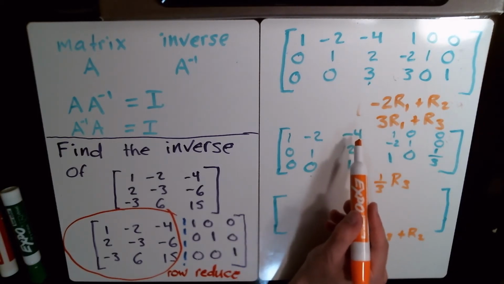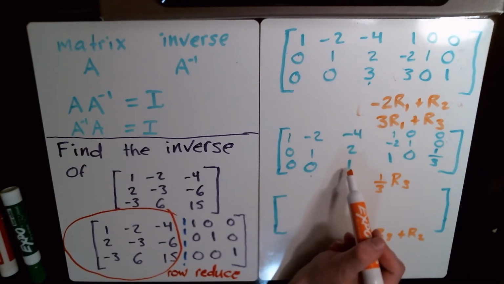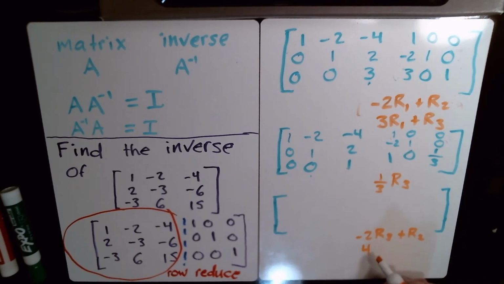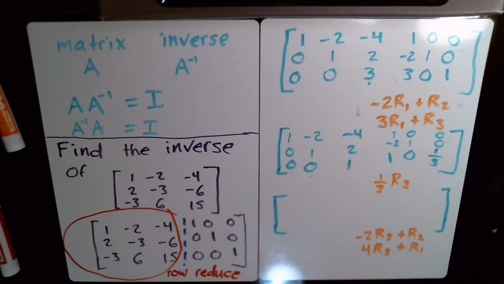So I'm going to have to do 4 times this 1, add it up there to get rid of that. So I do 4 times row 3, and I'm going to plus row 1. I'm going to do both of those in the same shebang. My last row is going to stay the same because I'm just using that to add up to the other ones.